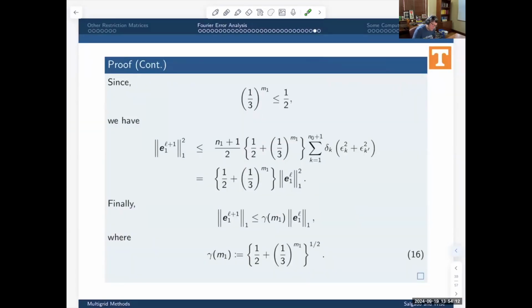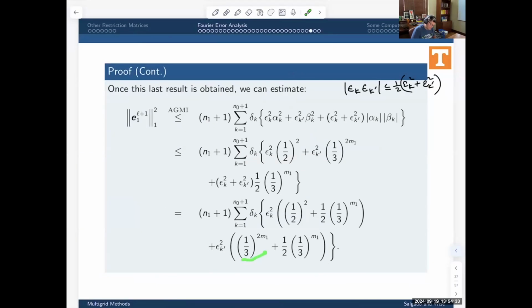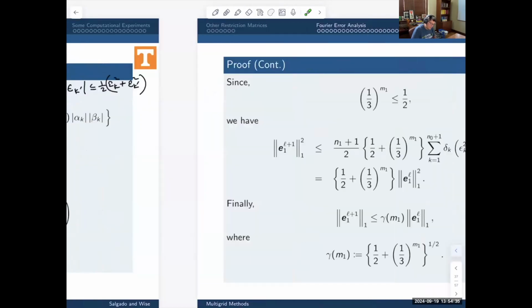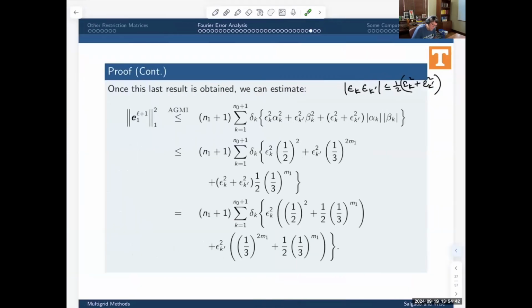To do that, I'm going to replace the 1/3 to the M1 power by a half. 1/2 is larger than this guy for any M1. Think about it. If M1 is equal to 1, then it's true. If M1 is equal to 2, this is 1/9. It's still true. So this is a fairly coarse estimate, but I'm going to replace this guy using that estimate.